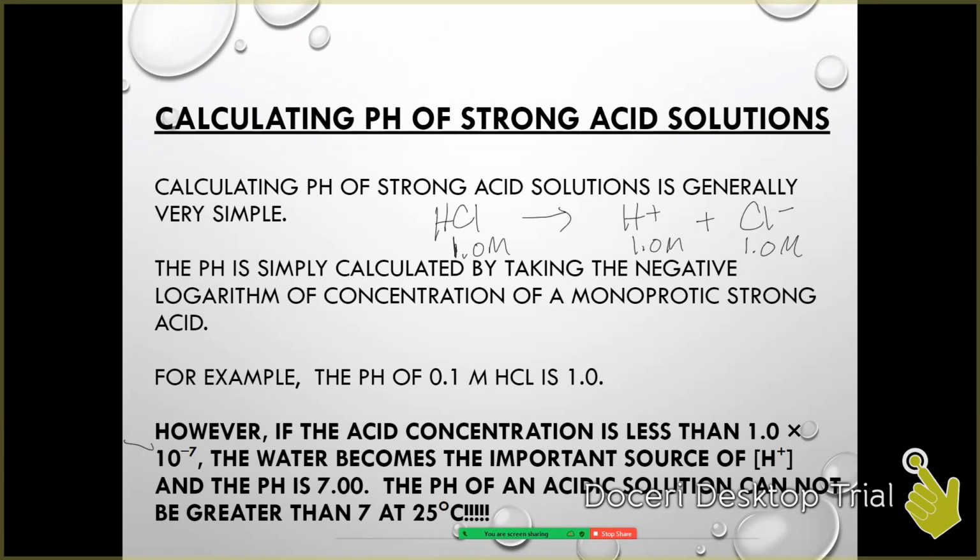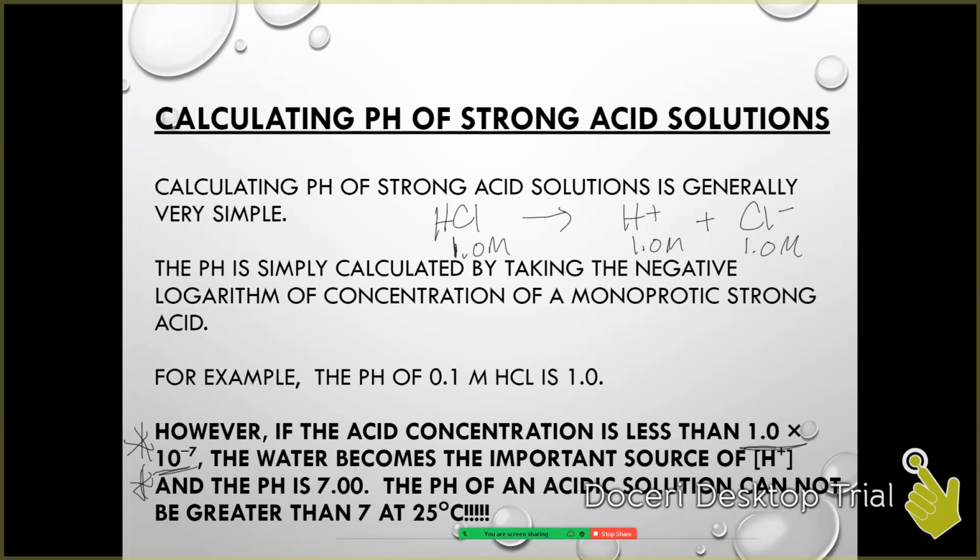Now this is going to be different than what we did in Chem 1. However, if the acid concentration, even if it's a strong acid, especially if it's a strong acid, is less than 1 times 10 to the negative 7, which if you go back and look at the auto ionization of water, that's where that number comes from.